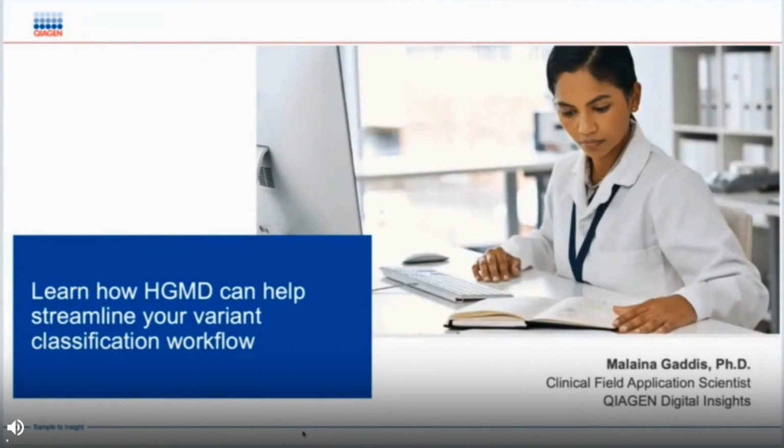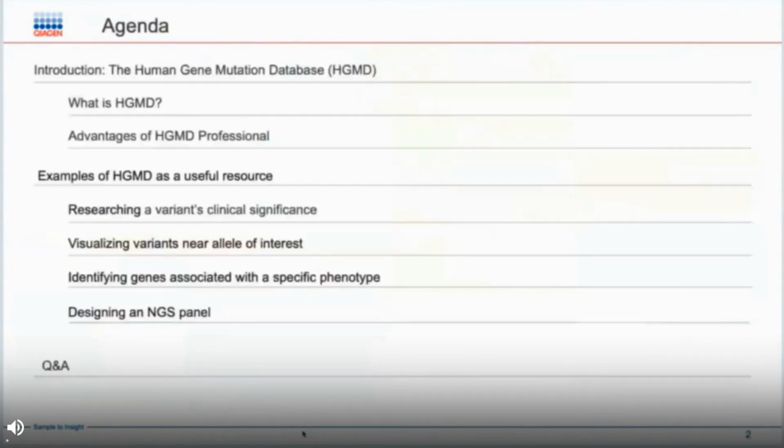And thank you all for joining today as we talk about different ways that HGMD can help streamline your variant classification workflow. I'd first like to go over the overview of what we're going to be discussing today. First, we're going to talk about what the Human Gene Mutation Database, HGMD, is, and also some advantages of HGMD Professional.